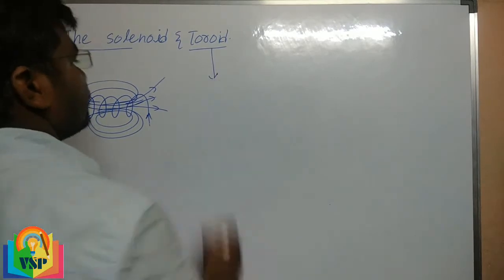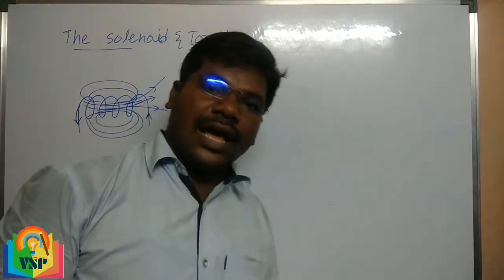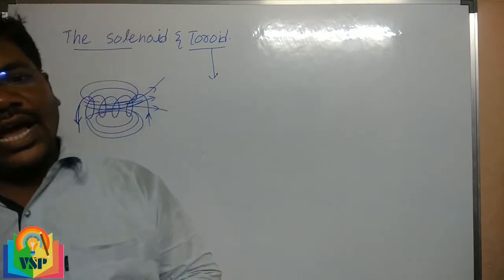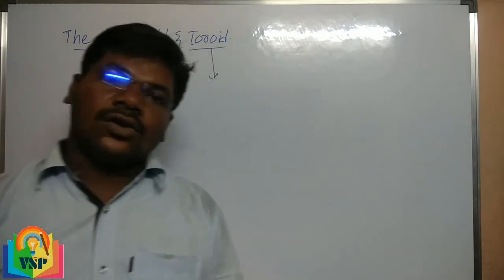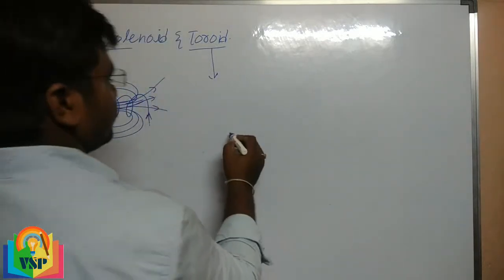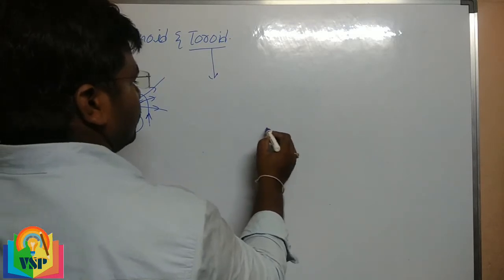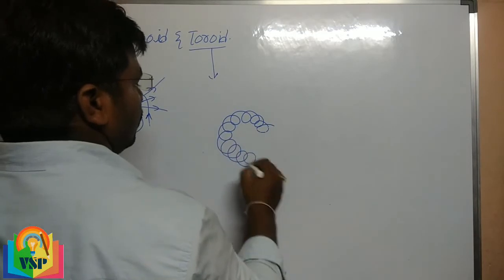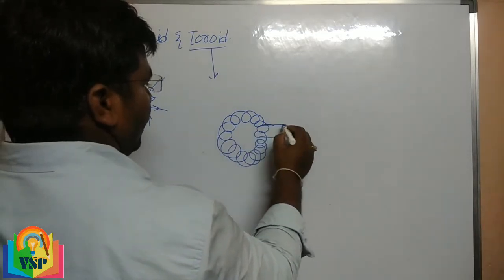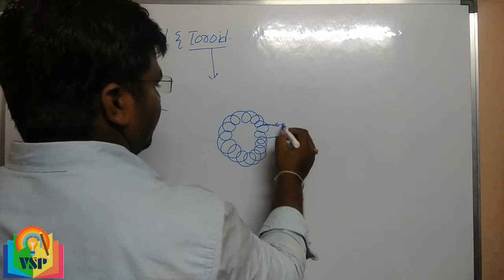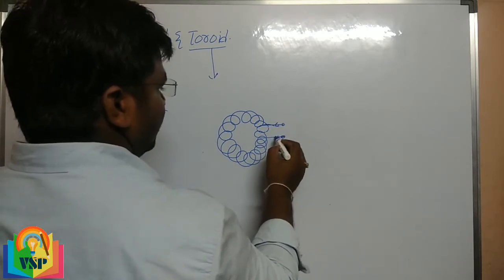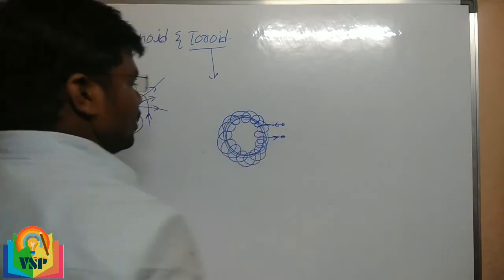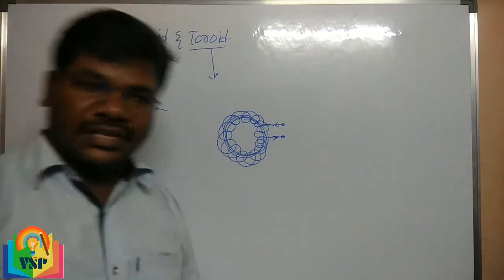Coming to toroid, an endless solenoid is called a toroid, or a toroid is a hollow circular ring like this. If current enters here and leaves here, inside we can get a strong magnetic field. This we can say is a toroid.